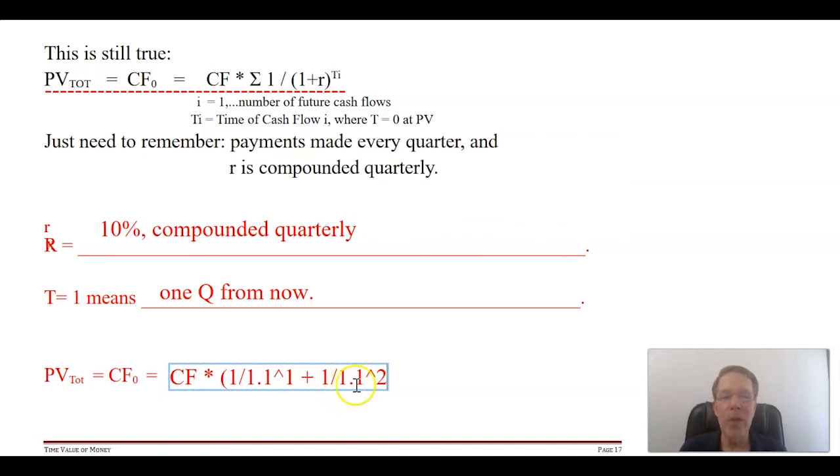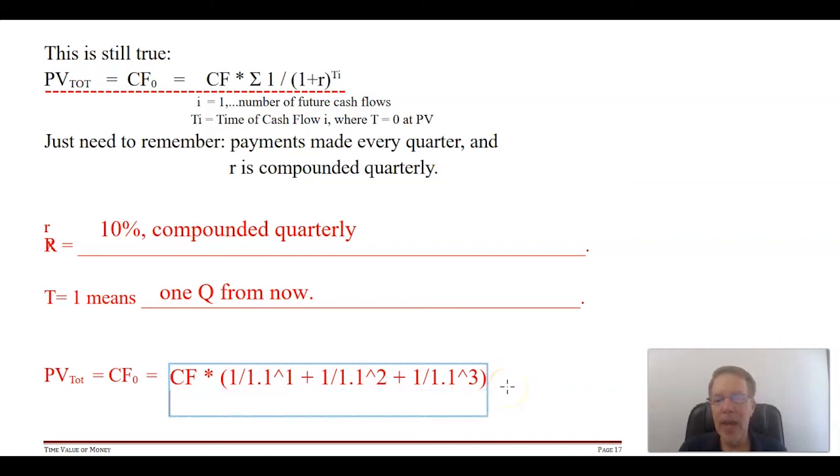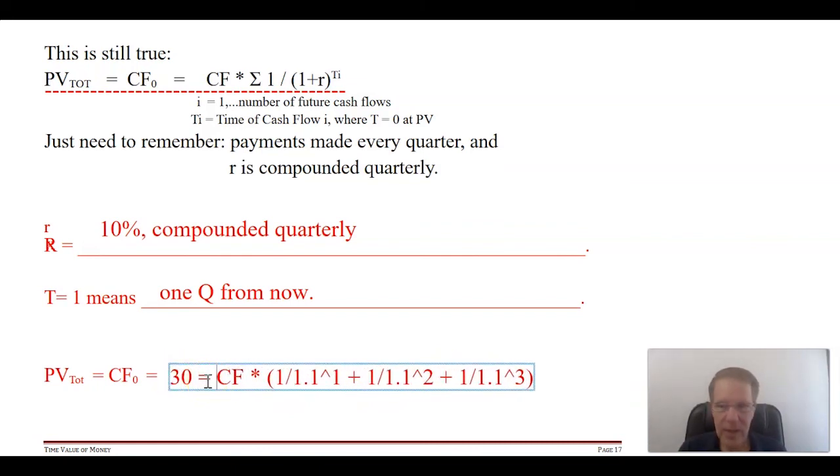We're measuring time in quarters, so that's going to be 2, and 1 over 1.1 raised to the 3. And this is equal to 30.